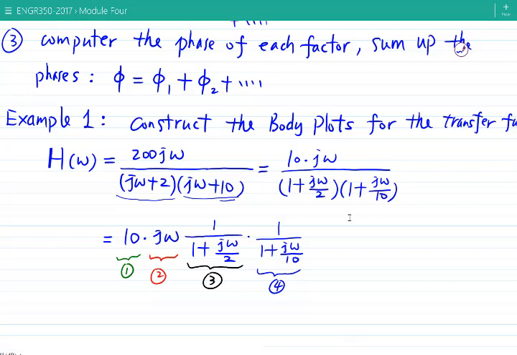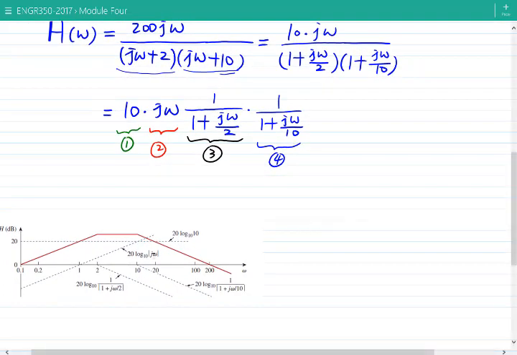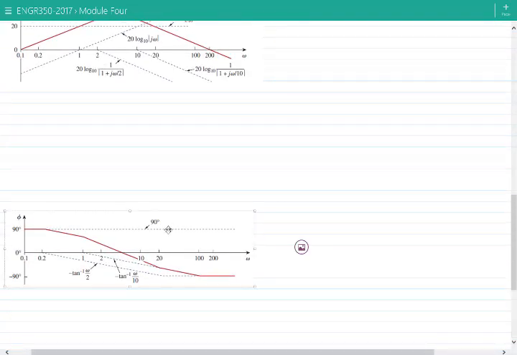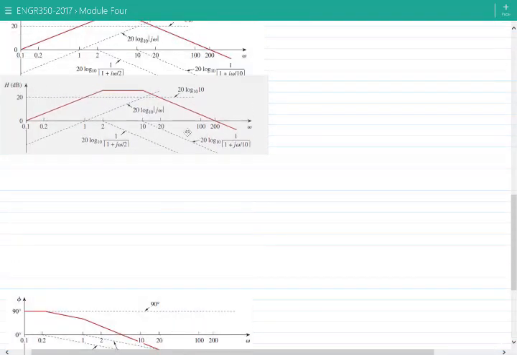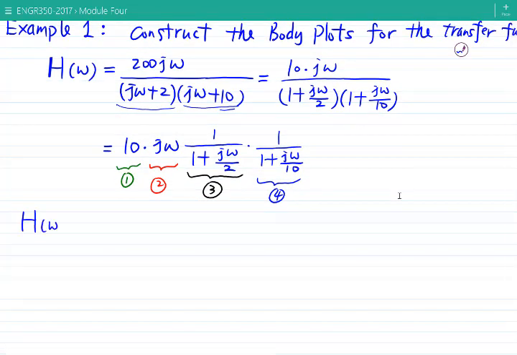Now let's look at the Bode plot for magnitude. For the Bode plot for magnitude, we choose the dB value. Let's look at the magnitude of the transfer function in terms of dB value.